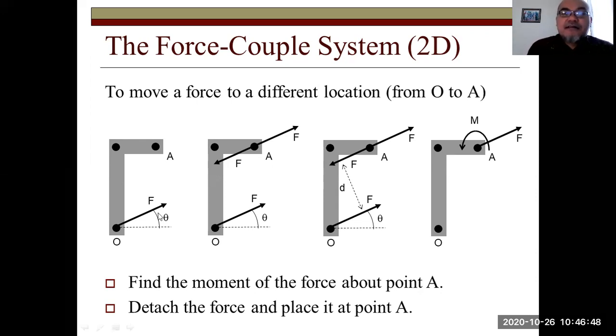So for example here, we have a force at point O with an angle theta towards the horizontal line. We want to replace it with a moment about point A as well as another force at point A. So how to do that?